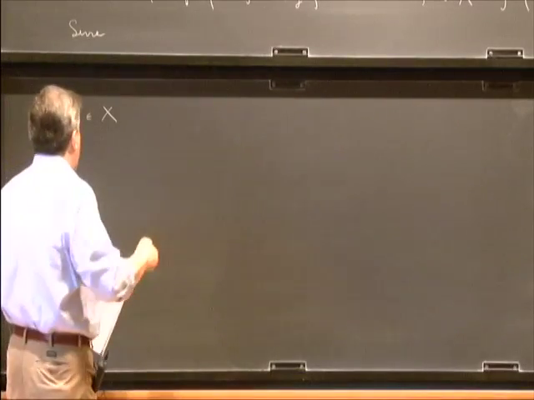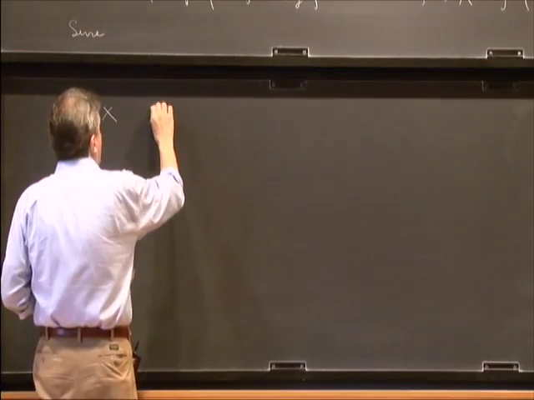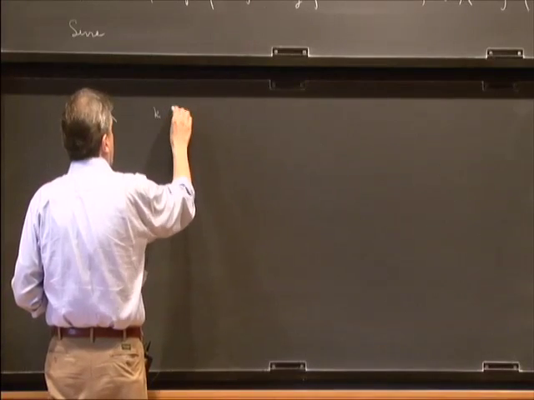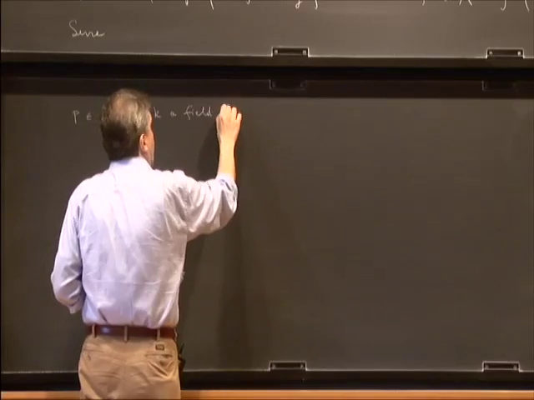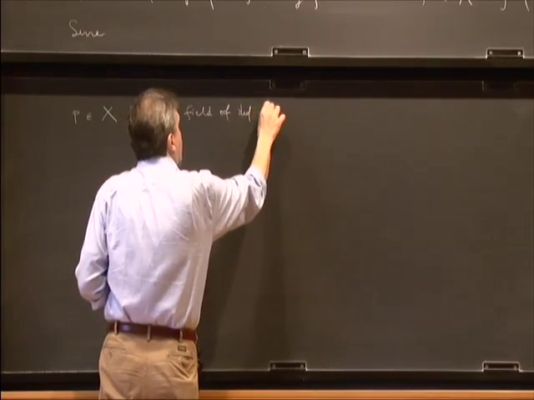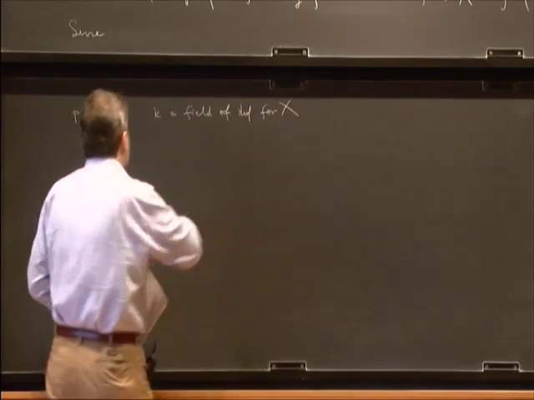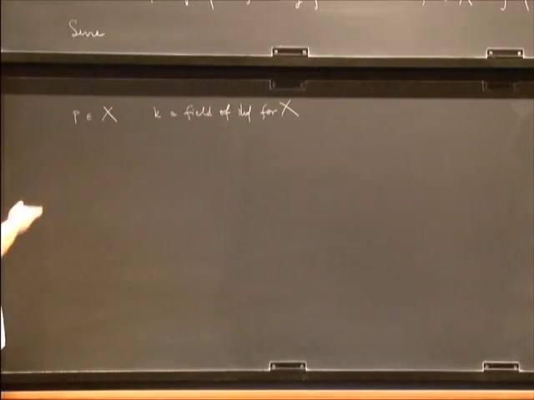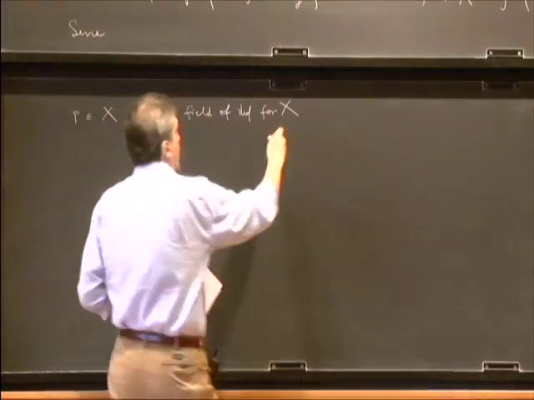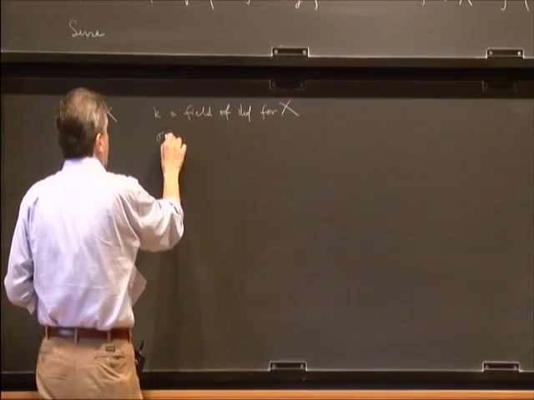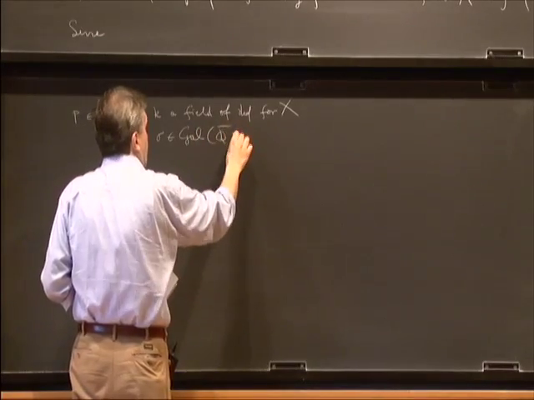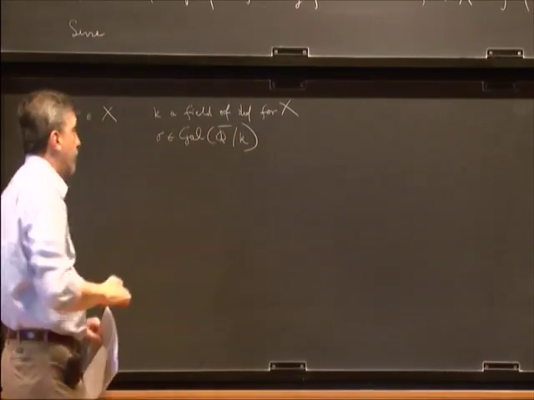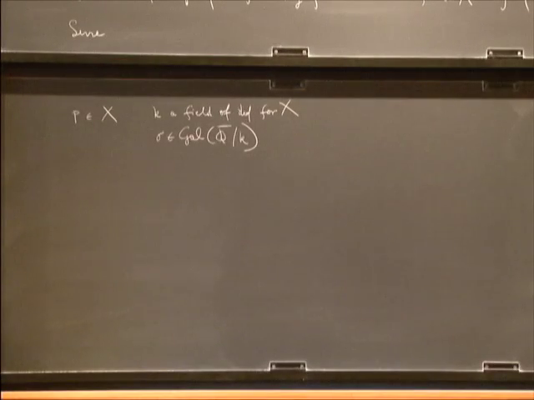So let K be a number field of definition for X. And we operate on this situation with the Galois group. We take a sigma in the Galois group of Q bar over K.